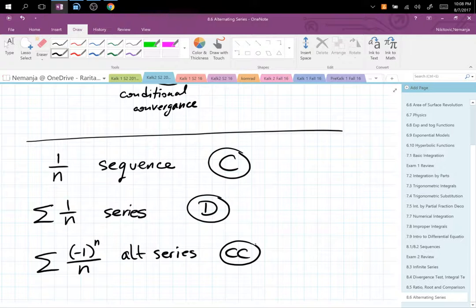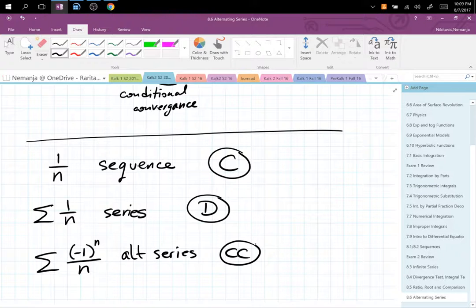No, we see all different things over there, right? So sequence converged, series diverged, and then alternating series converged conditionally. So you have to be very, very careful. What is a sequence? What is a series?